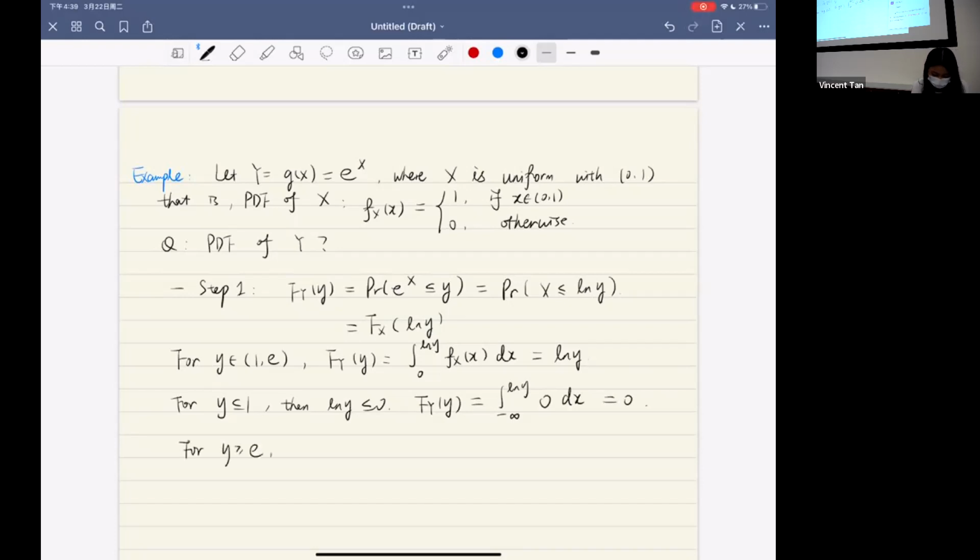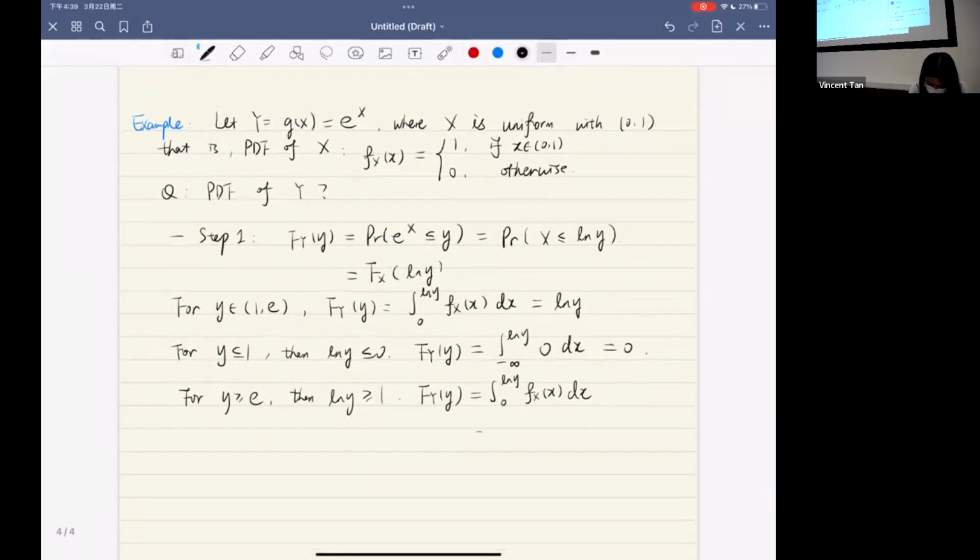When y is greater than e, which means log y is greater than 1, it's just equal to the integral from 0 to 1.